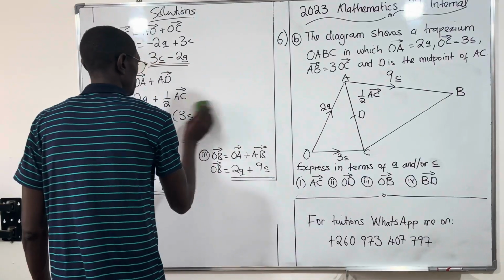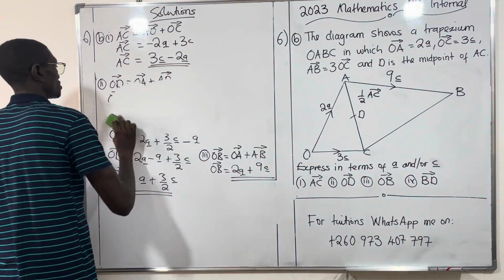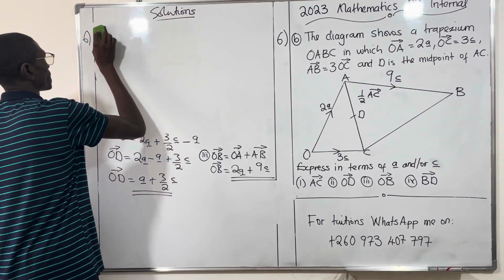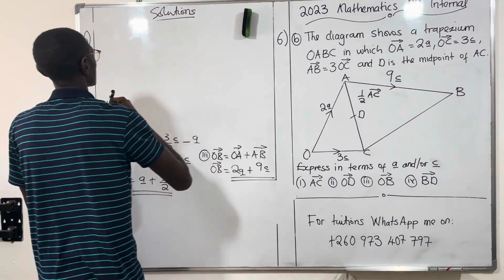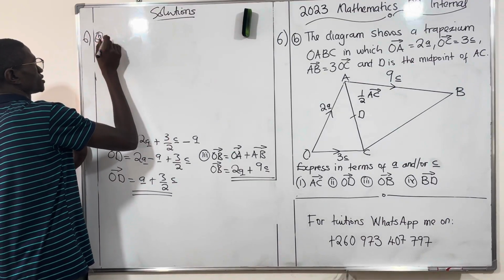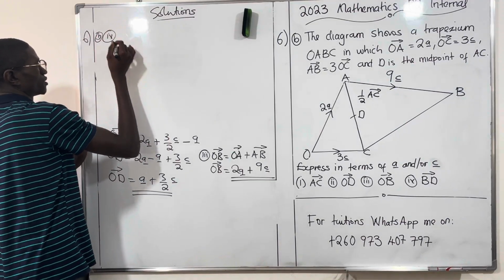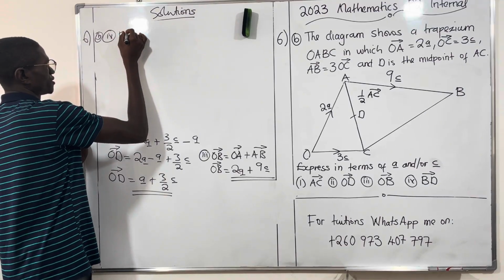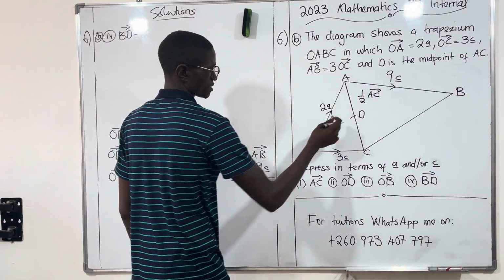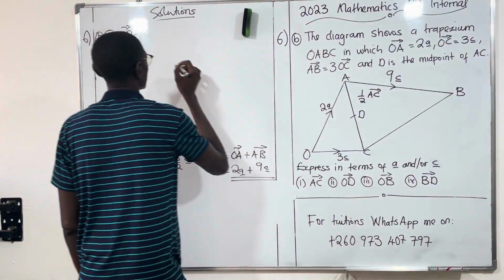This one seems like it will need some space. So let's do it from up here. So this is B, Roman numeral, and that's actually 4. Okay, we're finding BD. So we said we can move from B to D by saying BA plus AD.